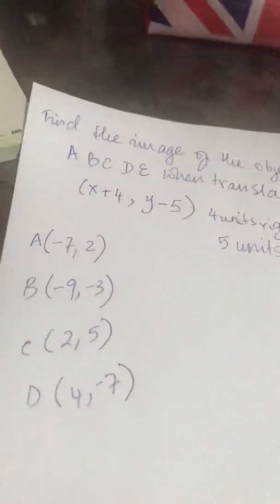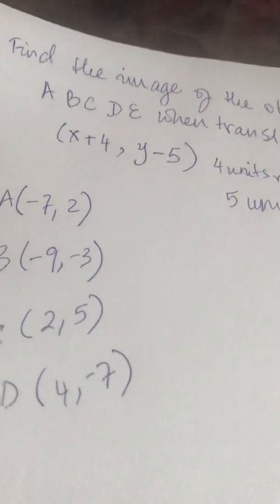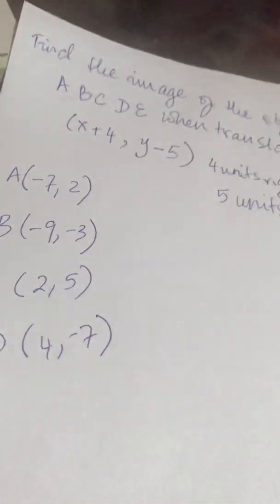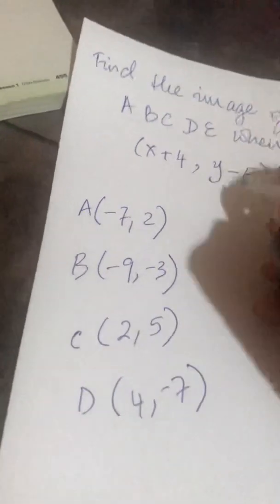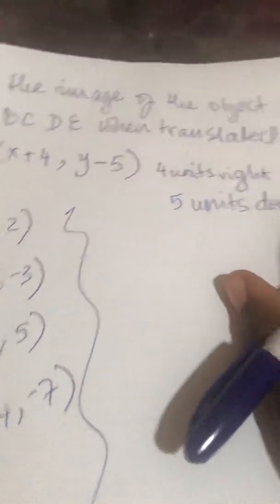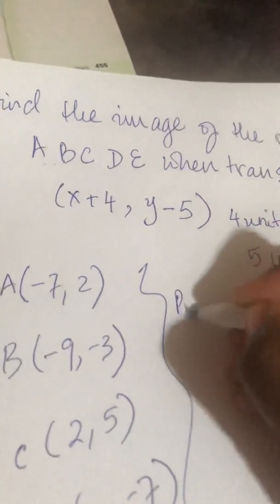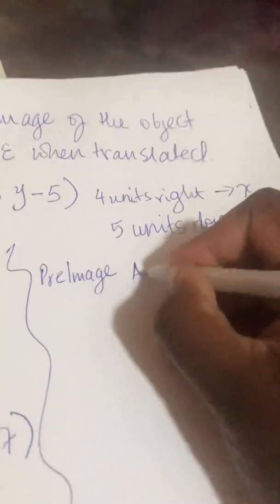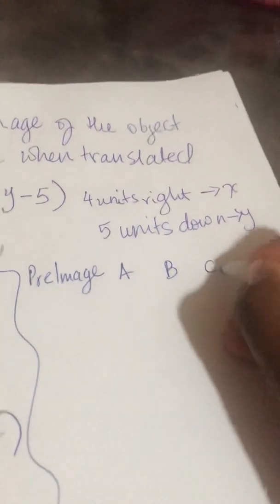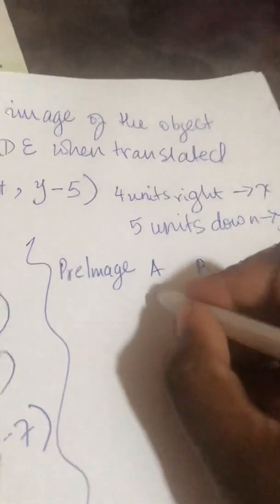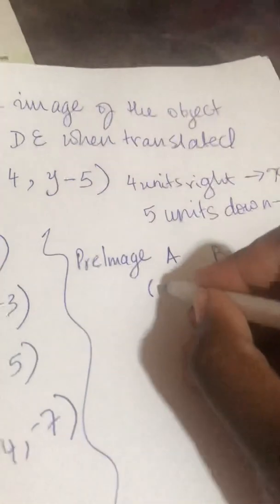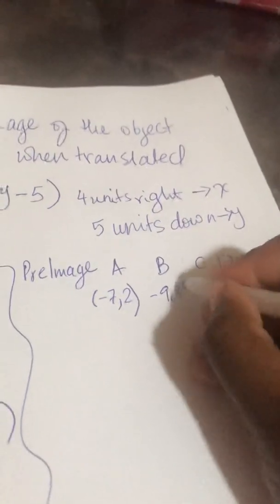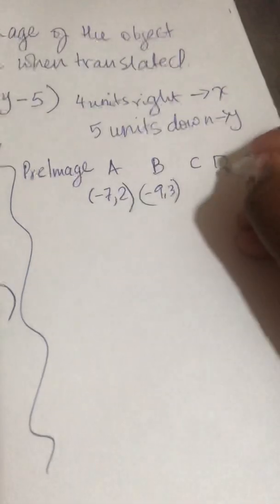Now you need to get the image. Okay, so what will I do? I will add. So let me show my work nicely. So I will write a pre-image. I write A, B, C, D, E. The point for A is -7, 2, -9, -3, 2, 5.